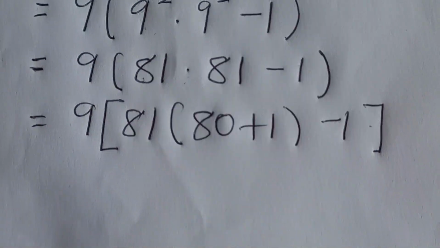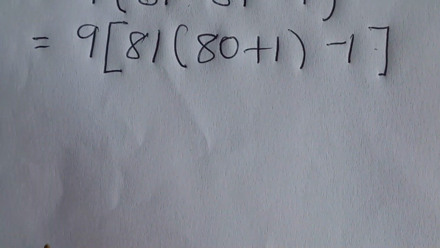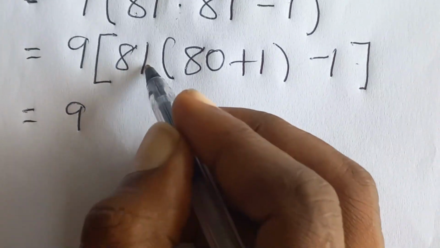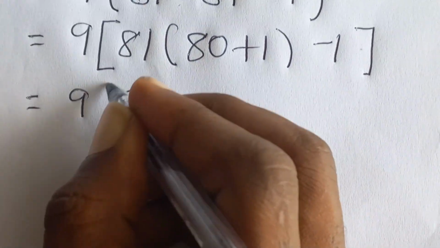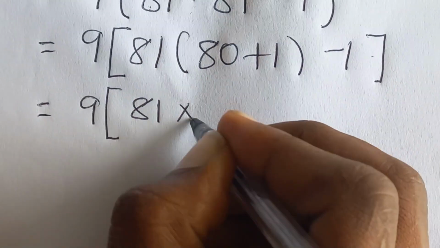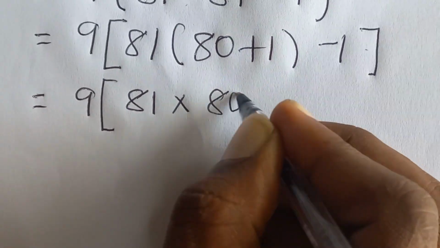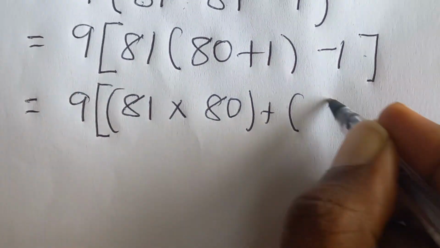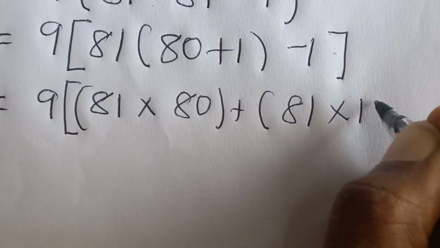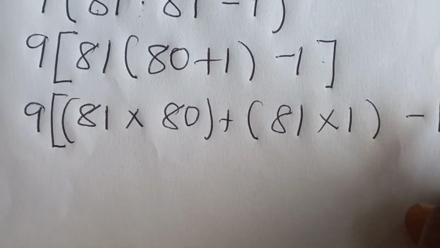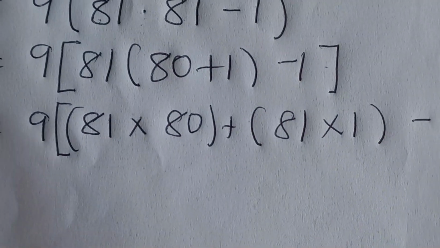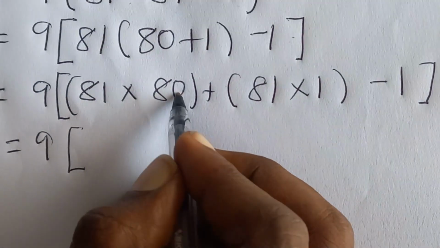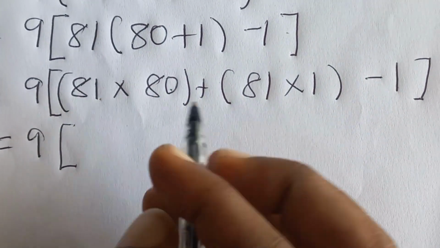Now our expression becomes 81 times 80 plus 81 times 1 minus 1, into bracket. 0 times this 0.